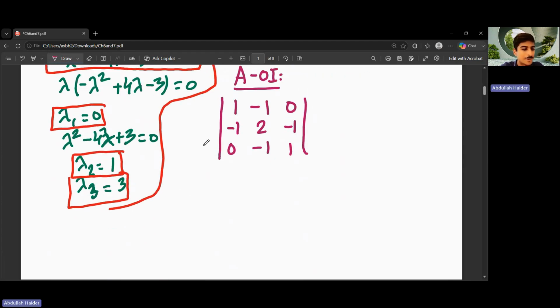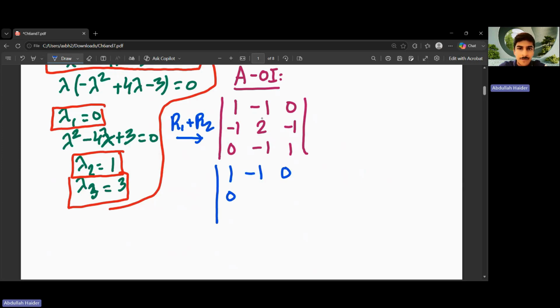We row reduce the matrix like we used to do in chapter 3 and chapter 4. Here I can basically add row 1 to the second row. So this will give me 1 minus 1, 0. So 1 minus 1 is 0.